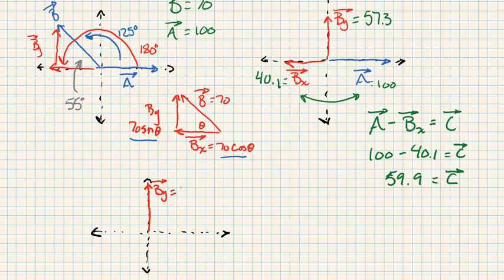By is chilling with 57.3. But we've combined Bx and A. They don't exist anymore in our diagram. We've combined them into one new vector. And that vector was positive, so we know it is directed in the positive direction, vector C. And that one equals 59.9.